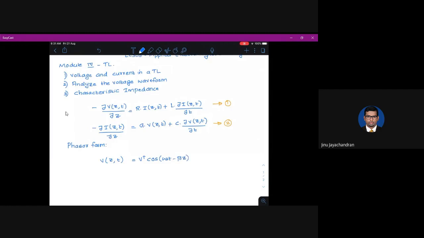So you see that the voltage waveform will be something like this. Similarly, I can write the current waveform also as I of z comma t is equal to I plus cos of omega t minus beta z.